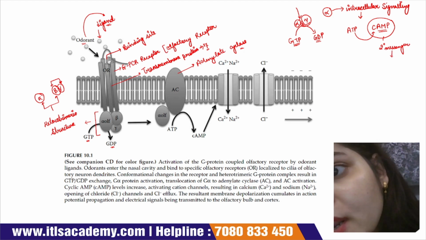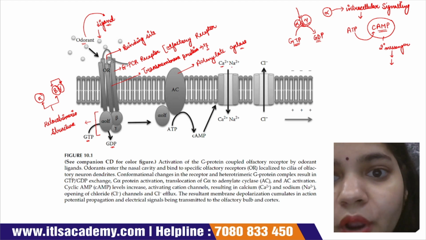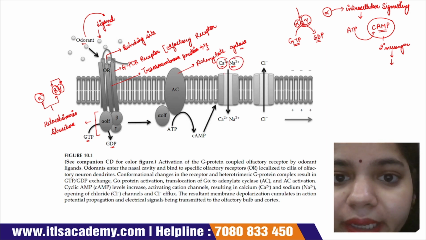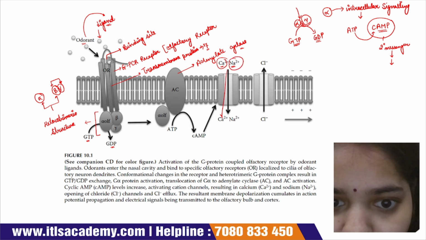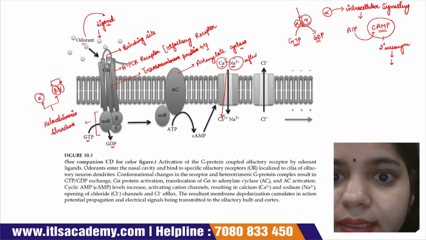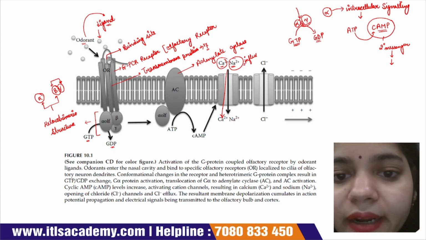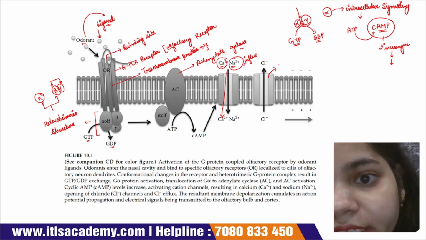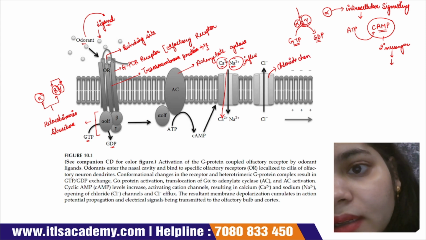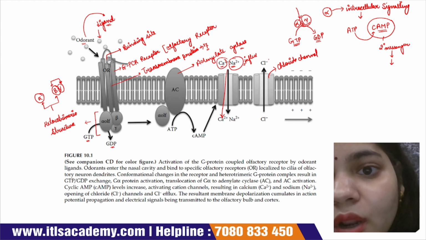It will further proceed the signaling, and the calcium or potassium channel will open and calcium and potassium will influx into the cell, and this chloride channel will open.